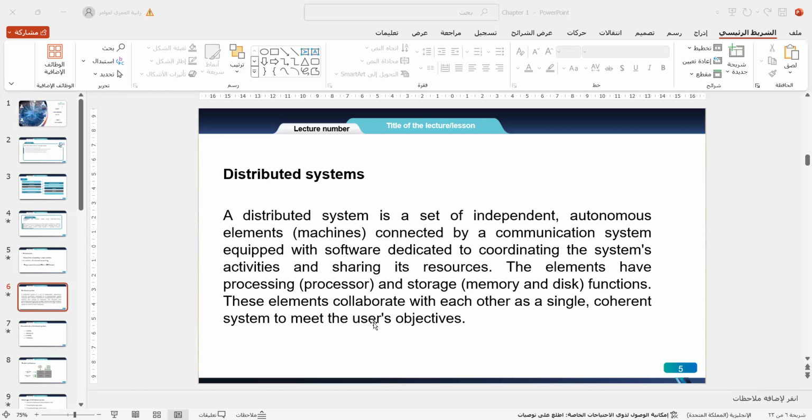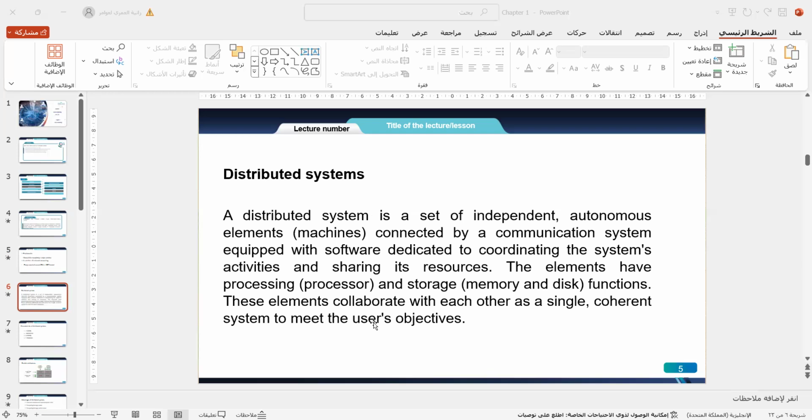And this is the main solution based for any grid computing. A distributed system is a set of independent, autonomous elements known as machines connected by a communication system equipped with software dedicated to coordinating the system's activities and sharing its resources.